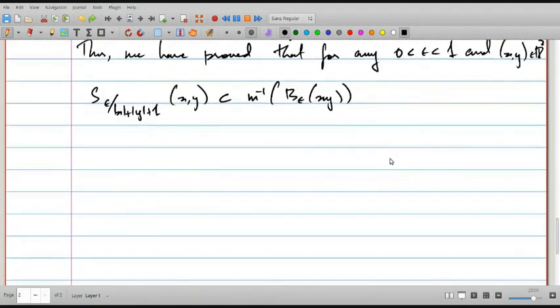So now we will use this to prove that the map M is continuous.